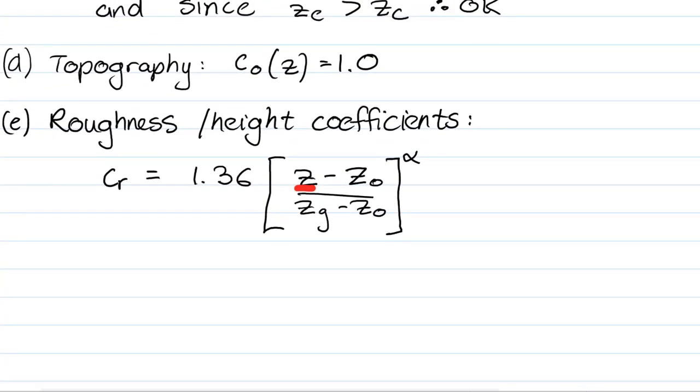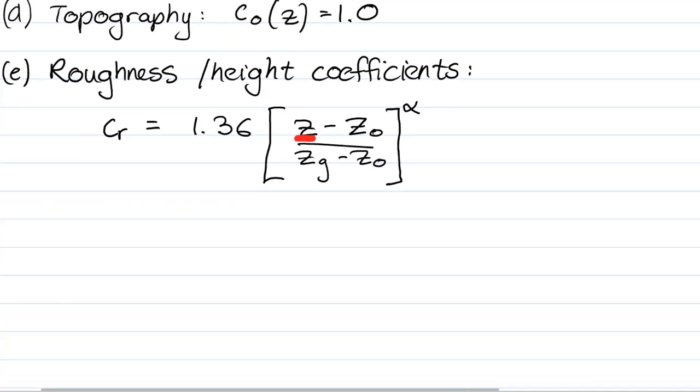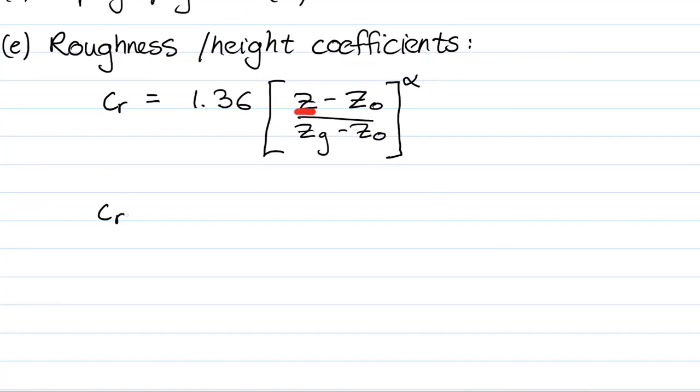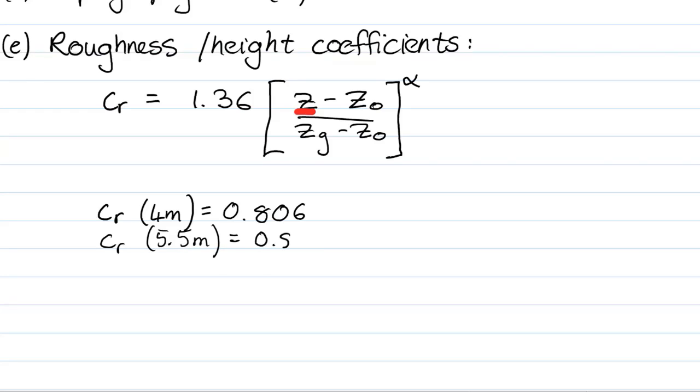I'm going to need this twice because I'm going to be working out two different wind speeds. Plugging the values I've selected in above, I get either 0.806, or at 5.5 meters above the ground, I get a slightly higher value, which will give us slightly higher wind speeds and slightly higher pressures.